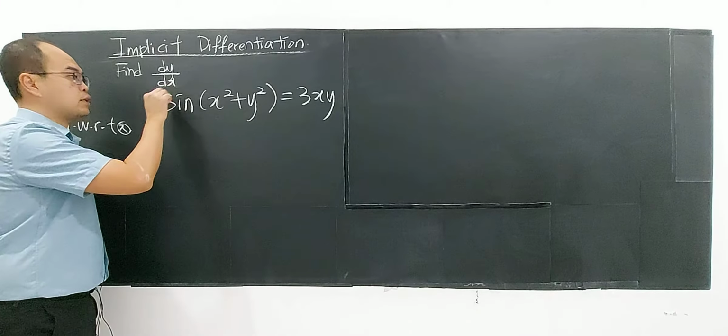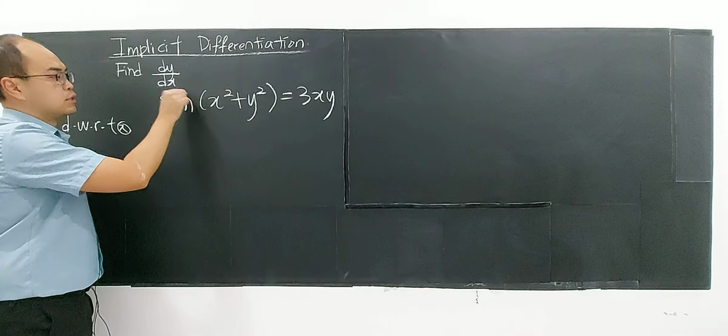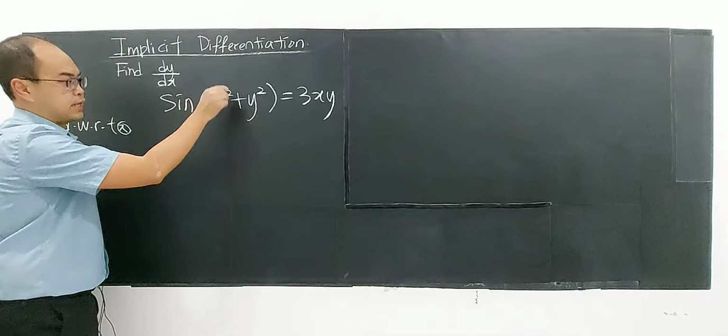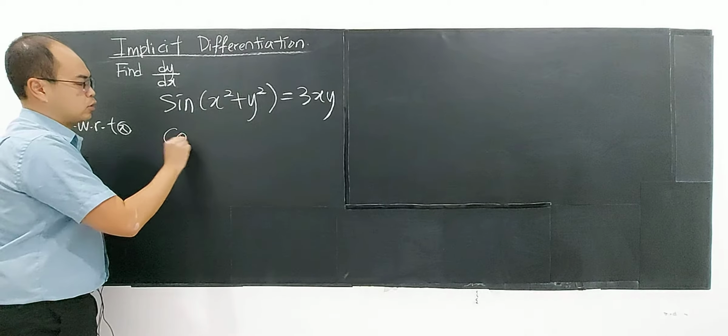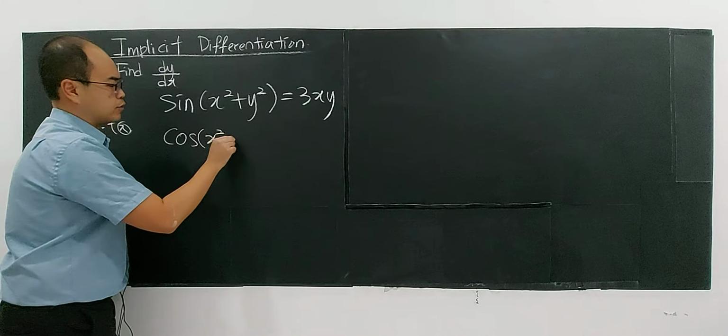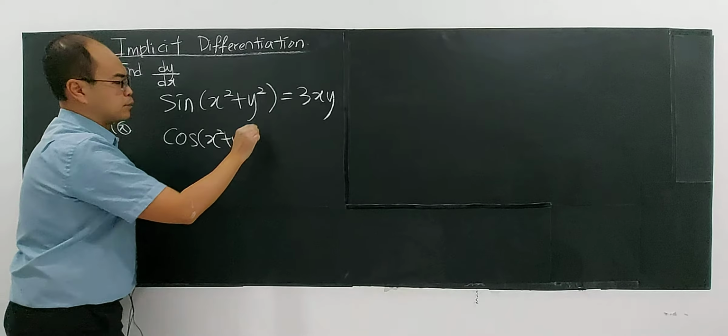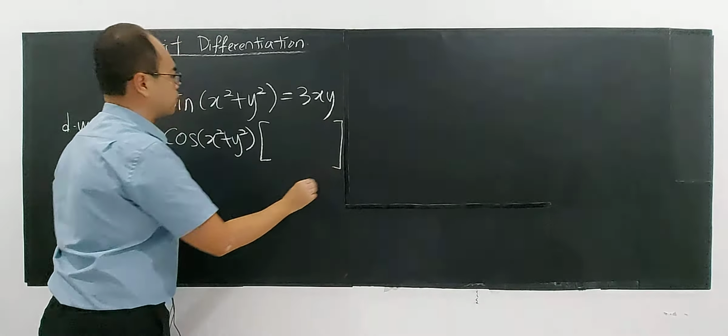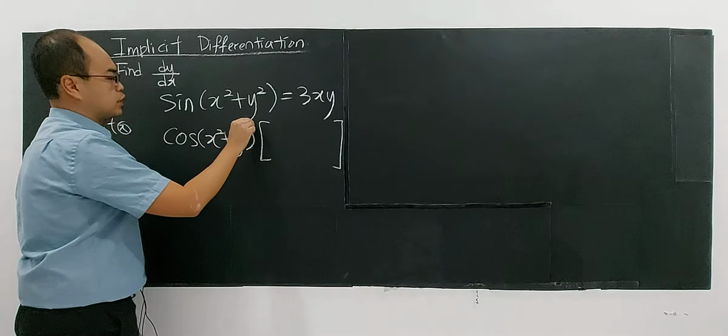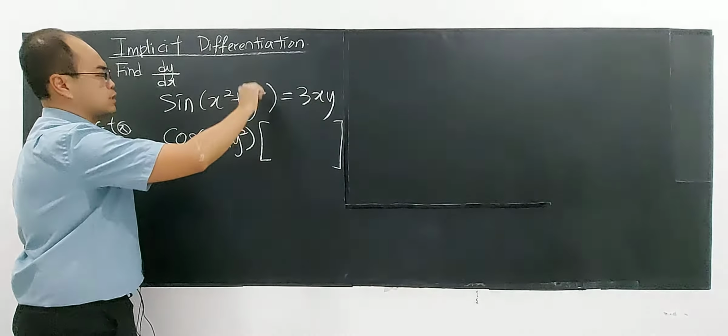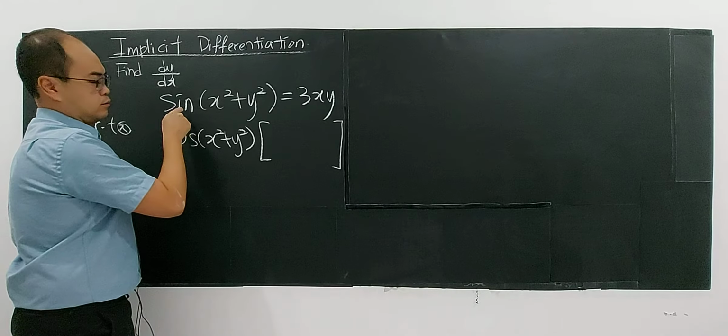So differentiating this whole thing with respect to x means differentiating sine theta, for example, you get cos, right? And you write back the angle. And separately, you have to multiply by the derivative of the angle inside the sine function.